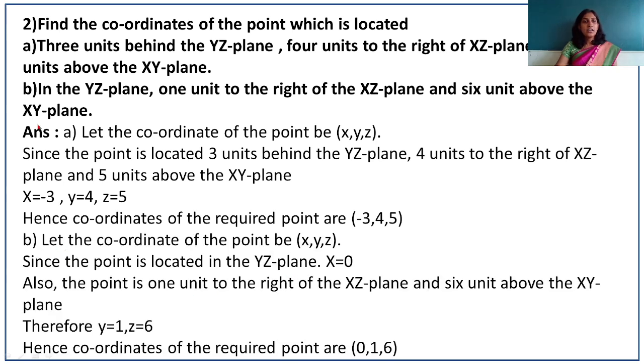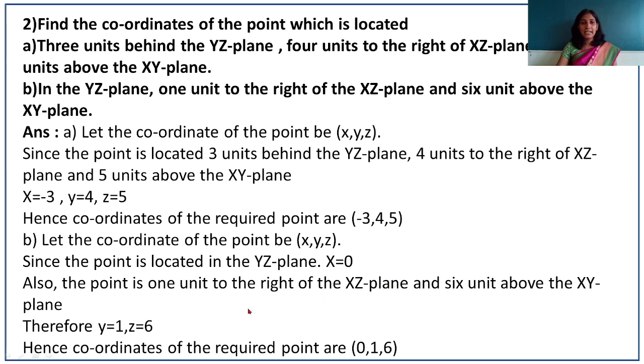Then B, if the coordinate is x, y, z, since the point is located in the YZ plane, x is equal to 0, obvious. 1 unit to the right of the XZ plane, and 6 units above the XY plane.